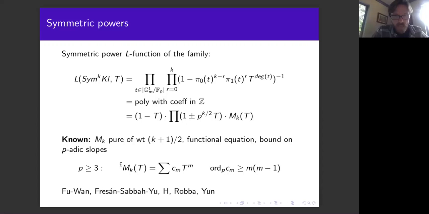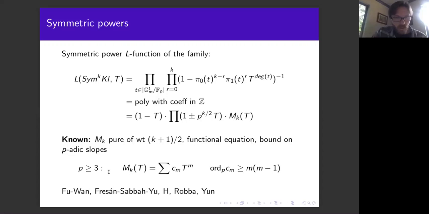I'm interested in p-adic slopes of L functions, and so these lower bounds are something that interest me. And you can see here that p greater than or equal to 3 was known, but there's nothing for p equal to 2. And so that wasn't known.